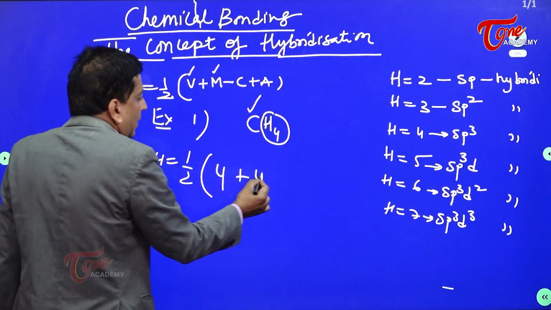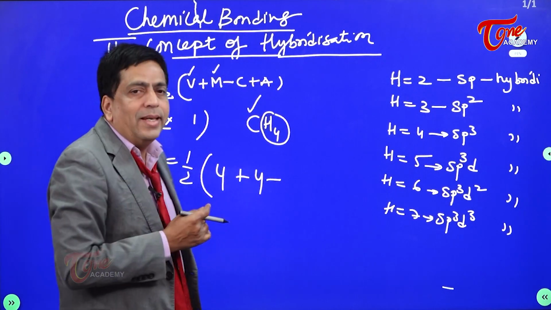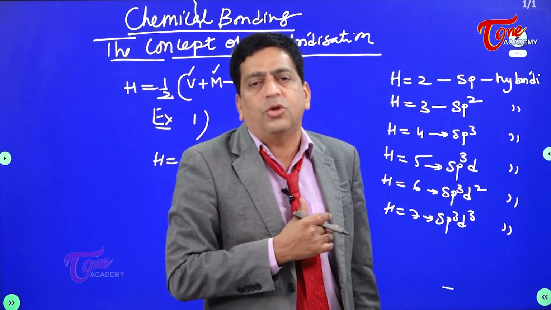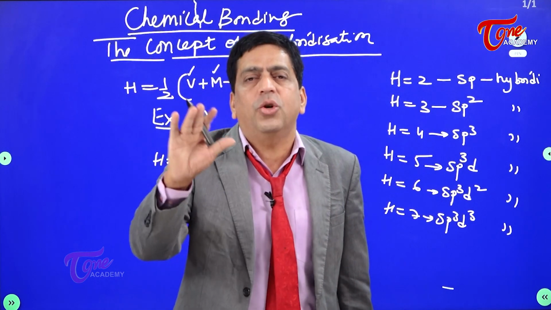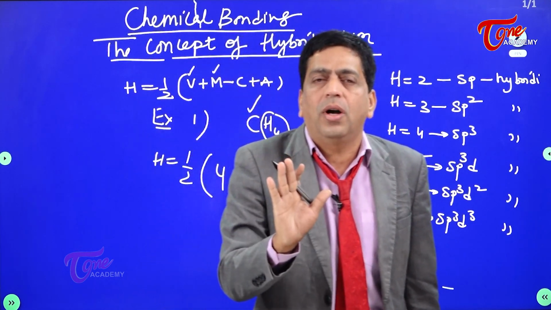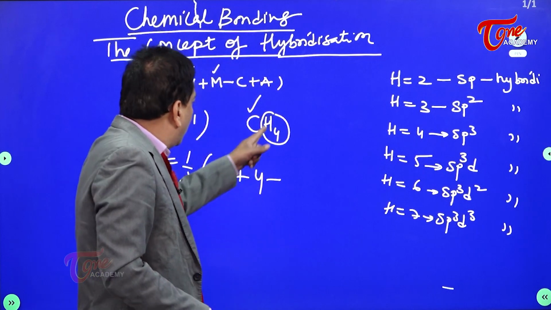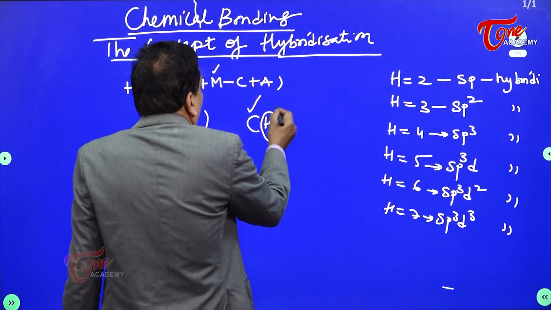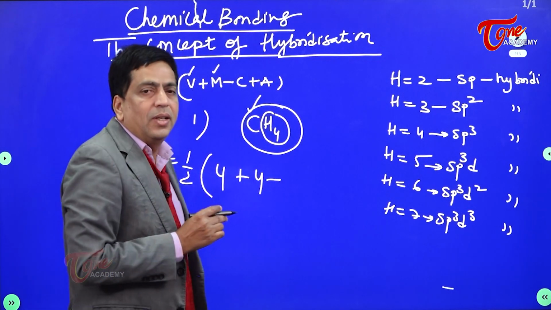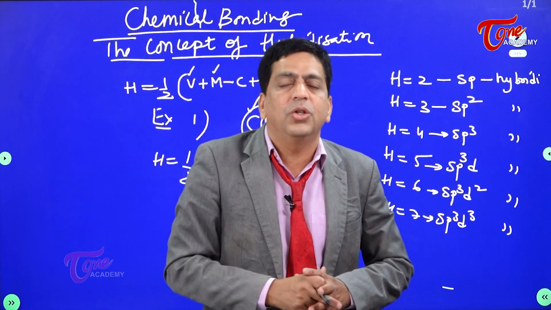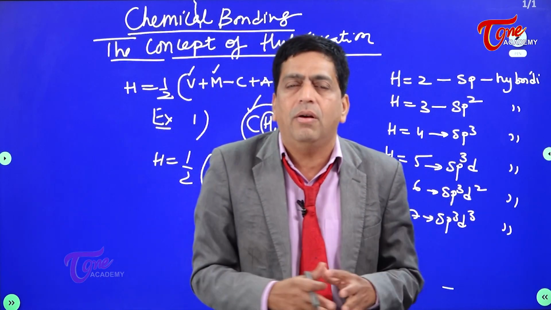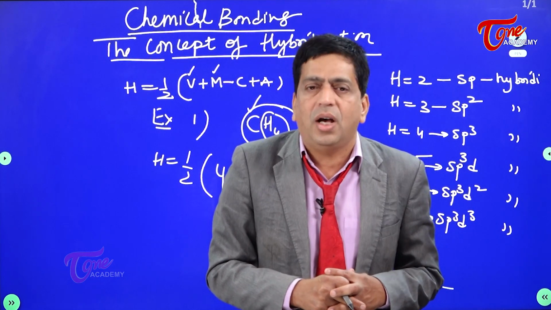Now the question is C. What is C? C is the cationic charge, the charge on a cation. First of all, it is not a cation. You see here, methane doesn't have any charge. It's a neutral molecule. It is not a cation. It is not an anion. It doesn't have a charge.